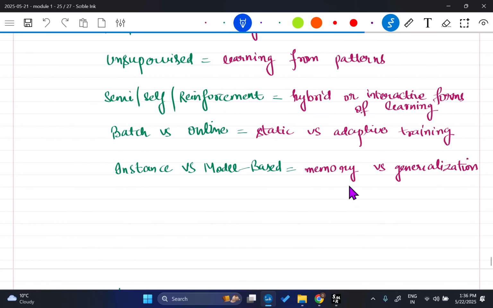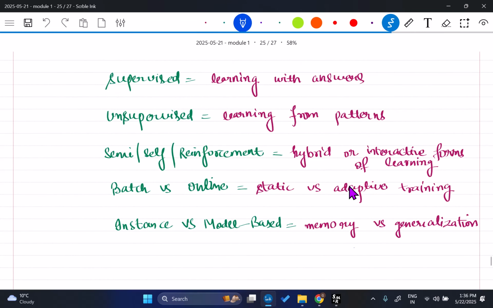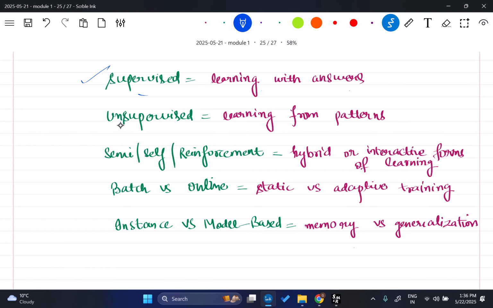Okay, so let's quickly remember a few terms related to all this. Supervised learning means learning with answers. Unsupervised learning means learning from patterns. Semi supervised, self supervised, and reinforcement all have some kind of hybrid patterns or interactive forms of learning, in the case of reinforcement.